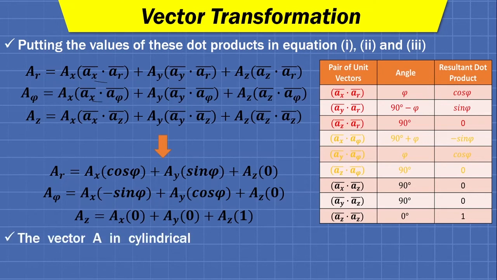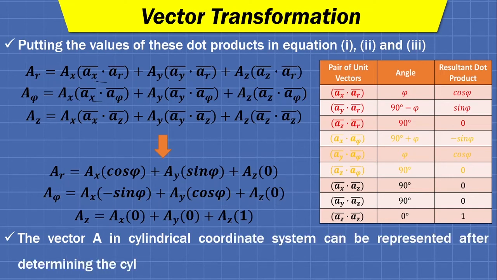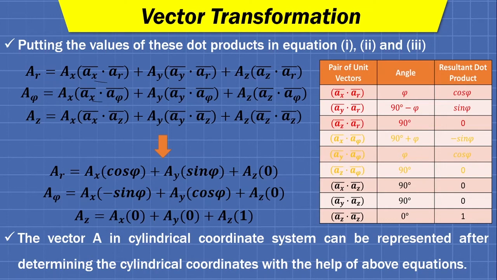Now this vector A can be represented in the cylindrical coordinate system after determining the cylindrical coordinates with the help of the above equations. So with the help of these three equations, you just find AR, A phi and AZ, and the vector which was initially represented in the Cartesian coordinate system can now be represented in the cylindrical coordinate system.